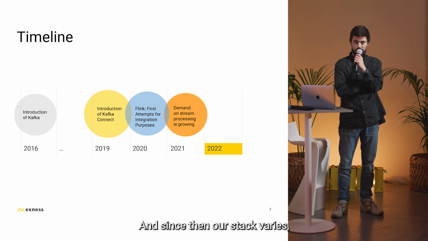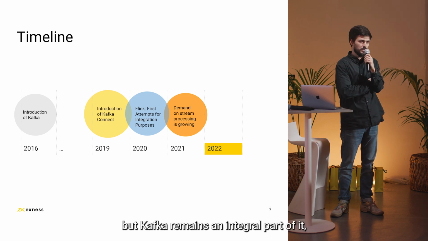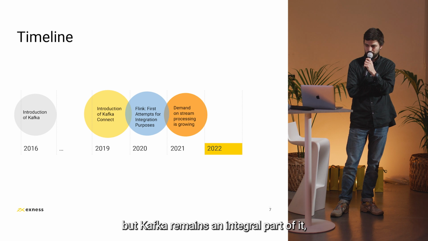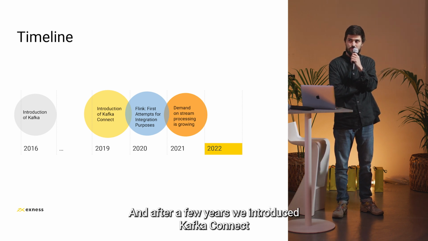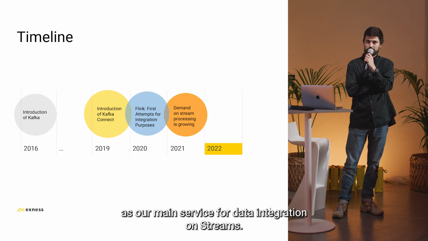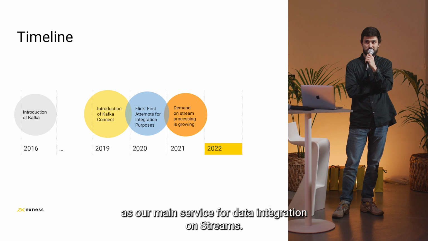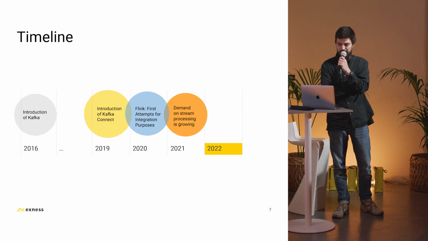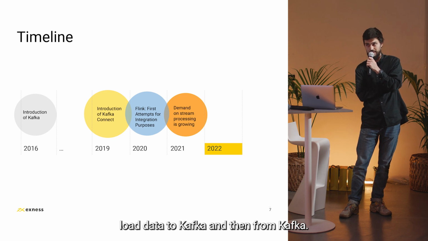Since then, our stack varies, but Kafka remains an integral part of it. After a few years, we introduced Kafka Connect as our main service for data integrations on streams. With Kafka Connect, you can easily load data to Kafka and then from Kafka.